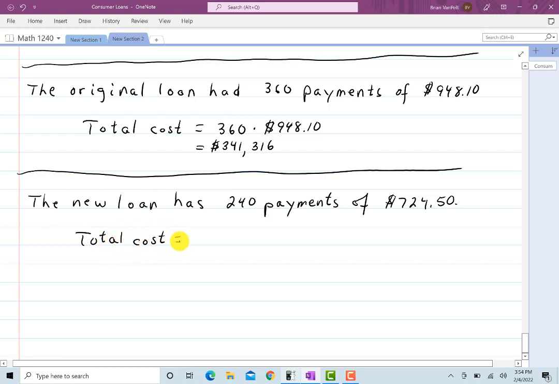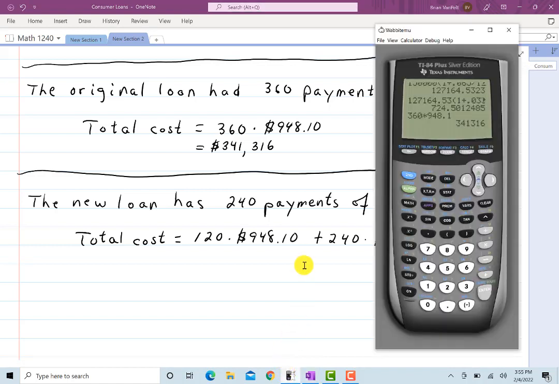Well, this one, don't forget, you already paid 120 payments at 948.10. Now for the next 240 payments, you're going to be paying $724.50. Let's see what this turns out to be.